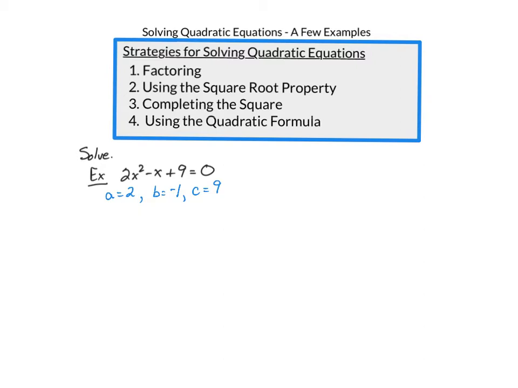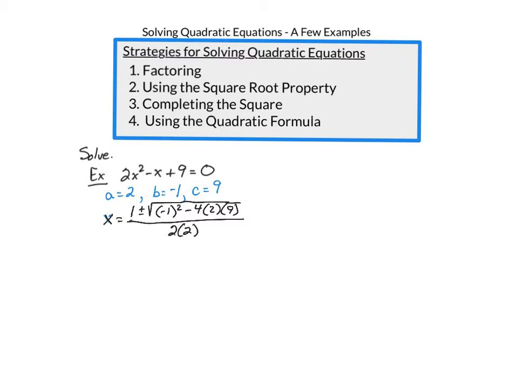So we substitute those numbers into the quadratic formula, and we have x equals the opposite of b. So the opposite of negative 1 is positive 1, plus or minus the square root of b squared minus 4 times a times c, all over 2a.